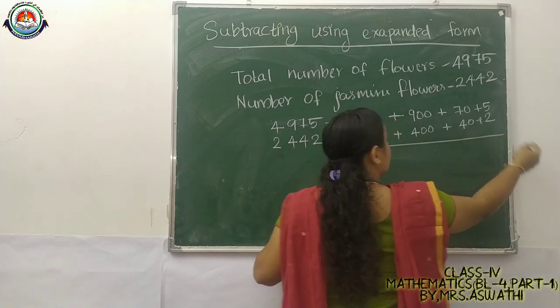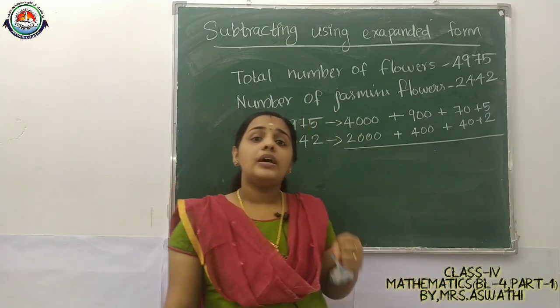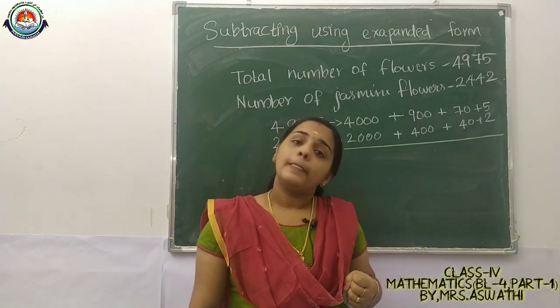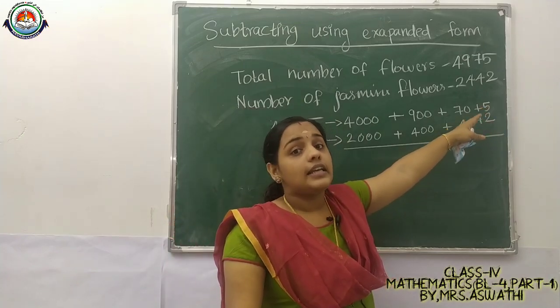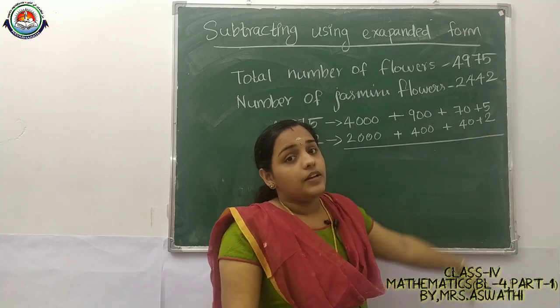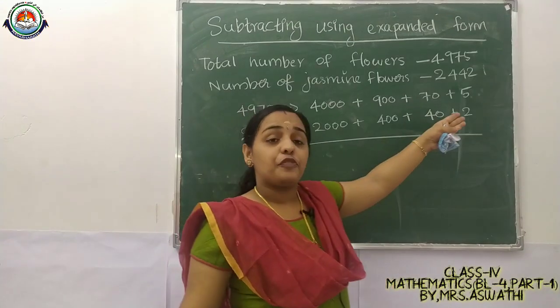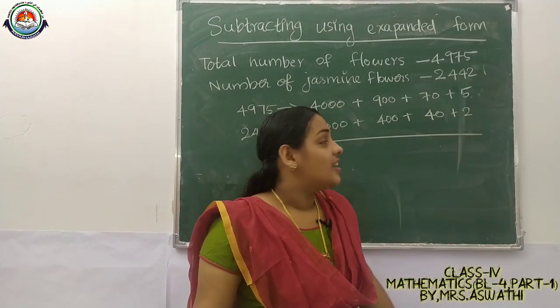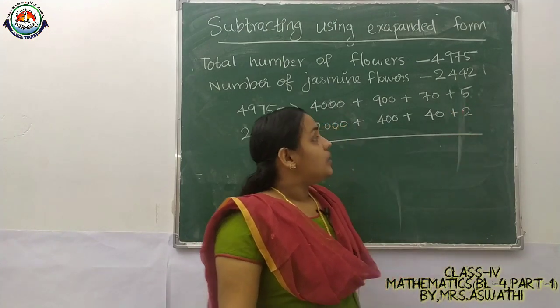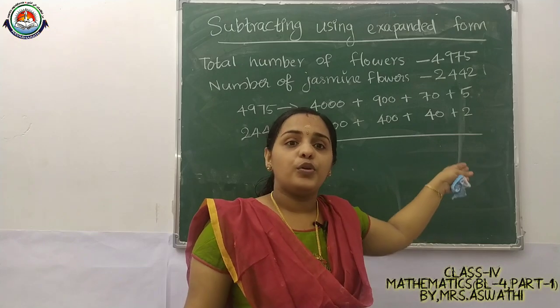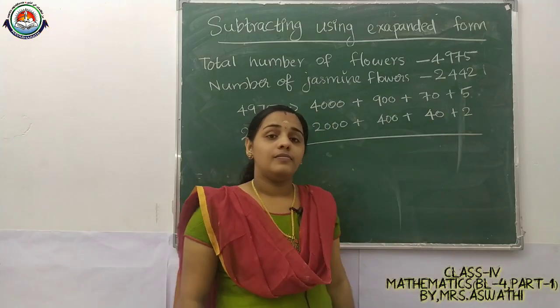Which numbers do we subtract first? First we subtract the digits from the ones place. Which digits are in the ones place? 5 and 2. So first we subtract 2 from 5.